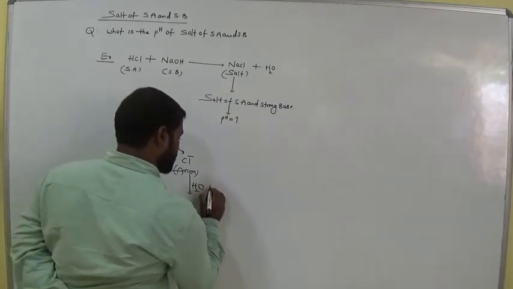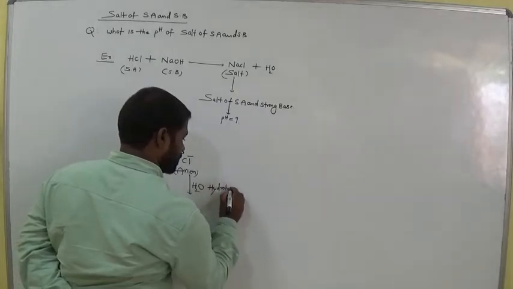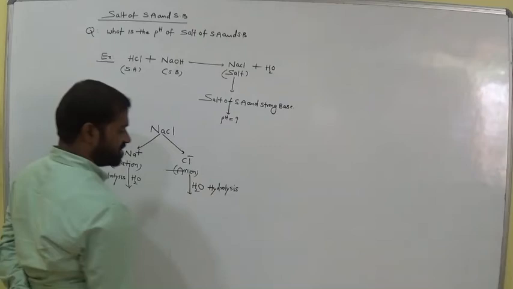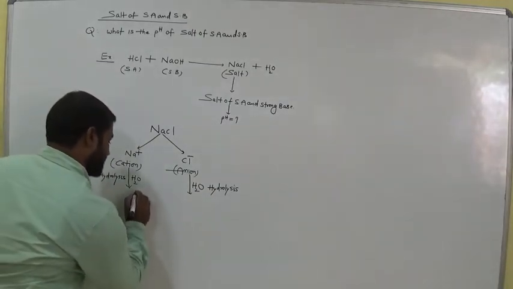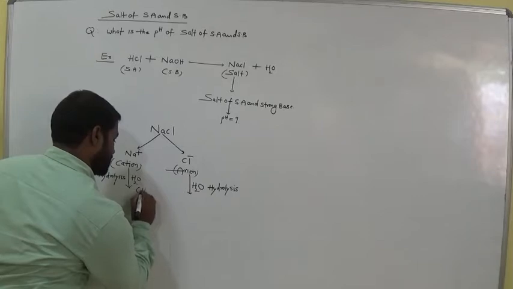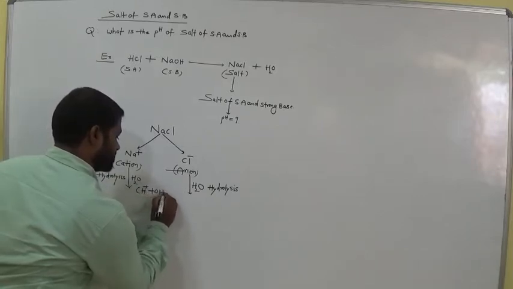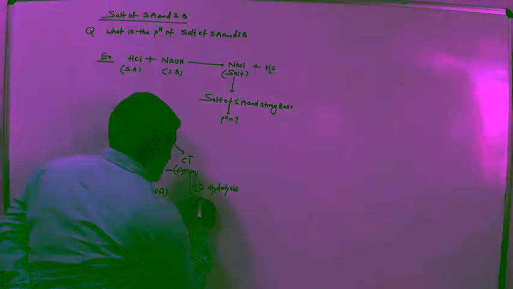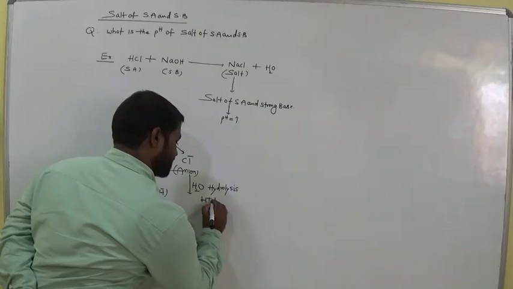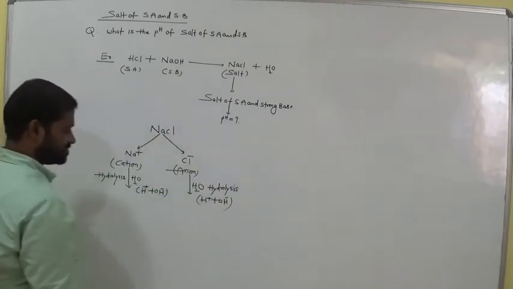What about this one? It is also hydrolysis, am I right? Clear? Now what are the ions present in H2O? H plus and OH minus, am I right? And here also what are the ions present? H plus and OH minus, am I right?